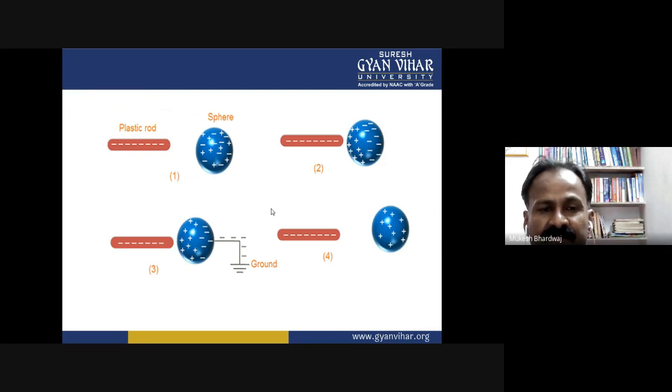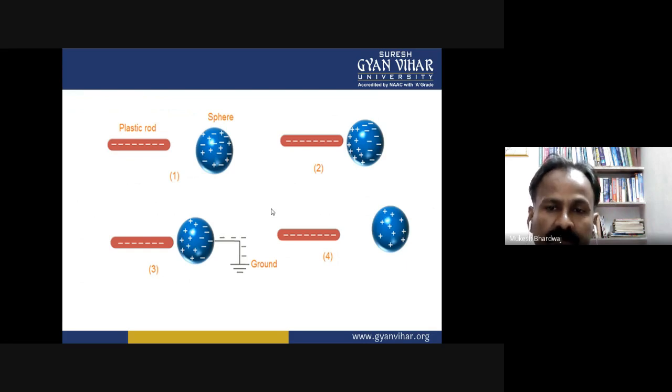In the first figure, the plastic rod and the sphere are separated by a distance, and if we bring the plastic rod closer to the sphere, the negative charge in the plastic rod attracts the positive charge of the sphere towards it and repels the negative charge towards the other side.